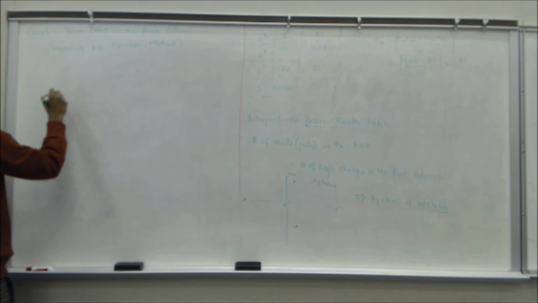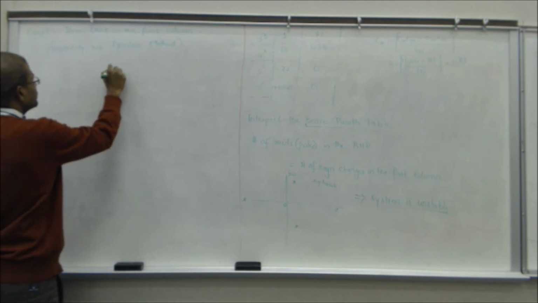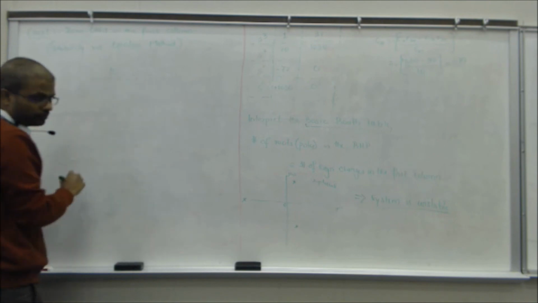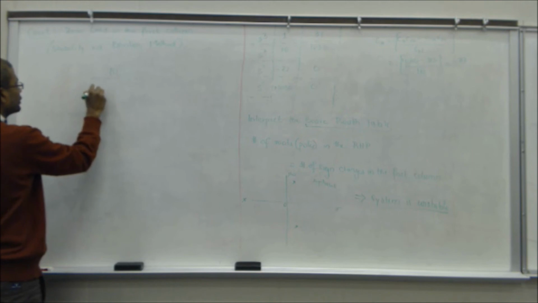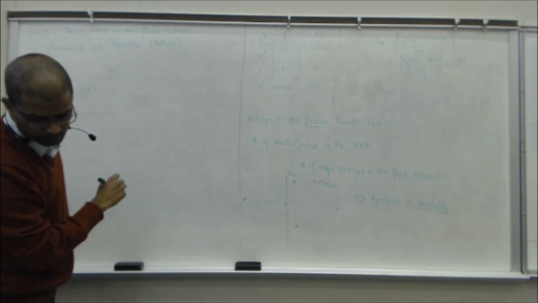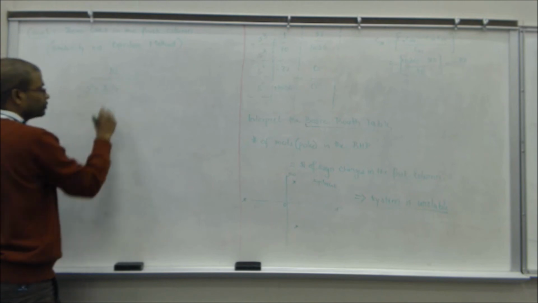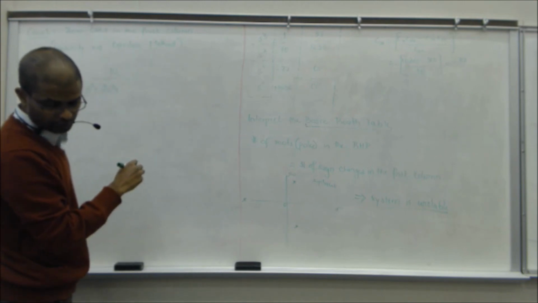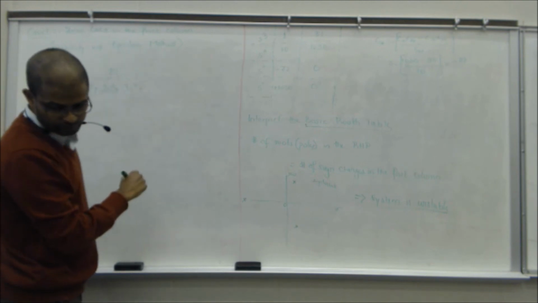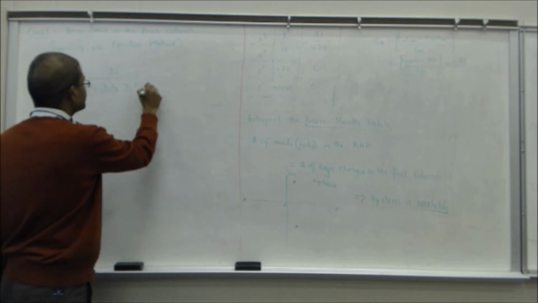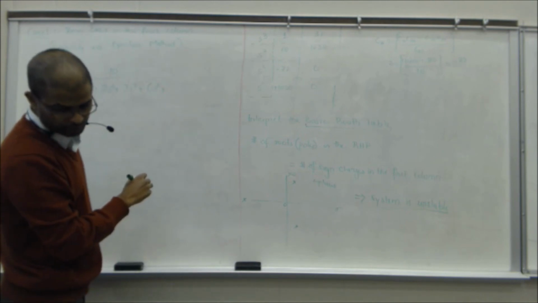So you take a look at this system, 10 over s^5 plus 2s^4 plus 3s^3 plus 5s plus 3.